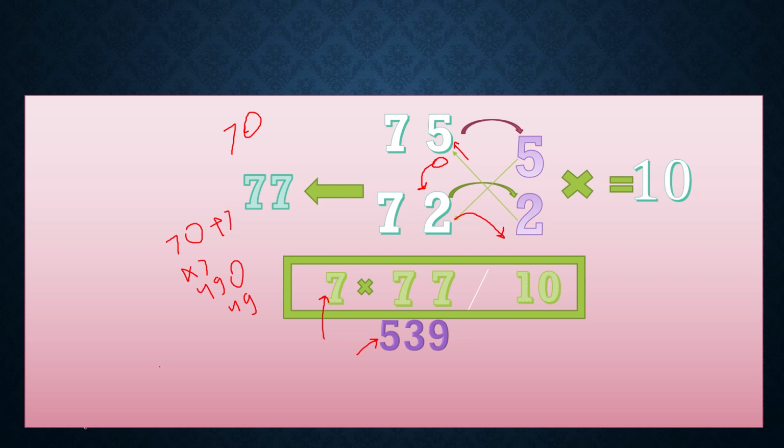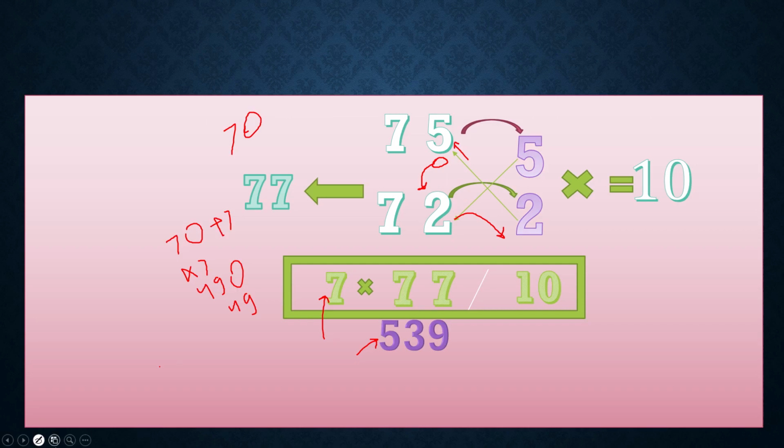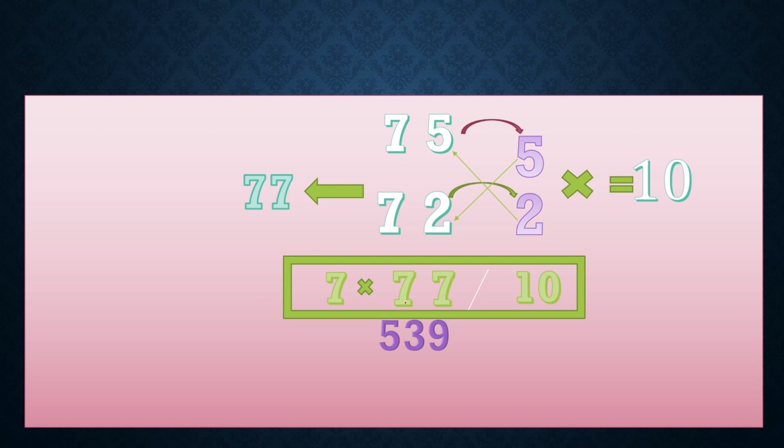Or you can just multiply it. And then as we take 70 as a base, in 70 there's only one zero, so we only take a unit value here, and the other we carry to this.